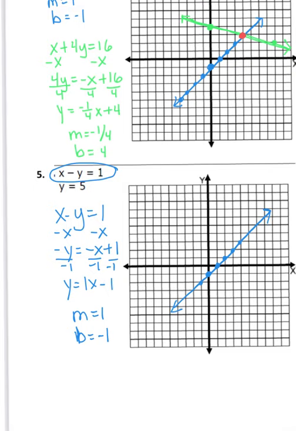And then my second line is y equals 5. If you remember, y equals 5 is a horizontal line with a 0 slope. So what that's going to look like is 1, 2, 3, 4, 5, and it's just a horizontal line.